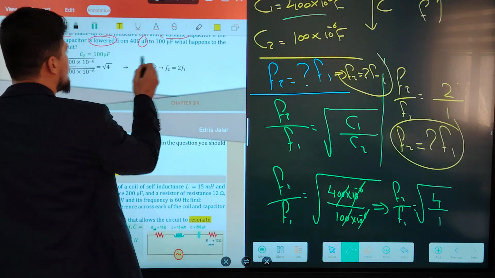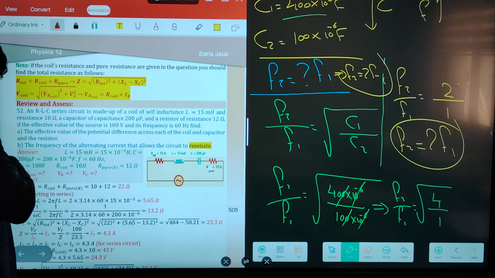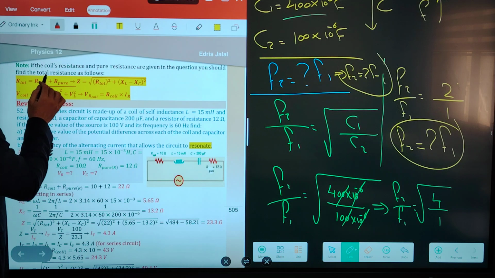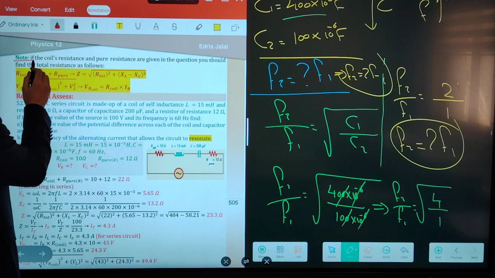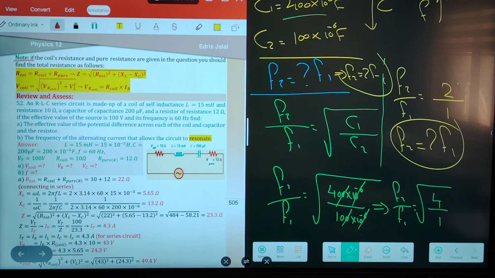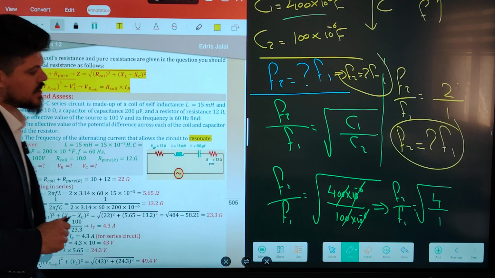One of the very good questions. Be careful. Look at this challenging question. It's a very good question. If the coil's resistance and pure resistance are given in the question, you should find the total resistance, guys.